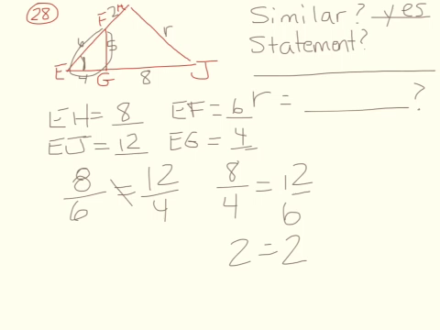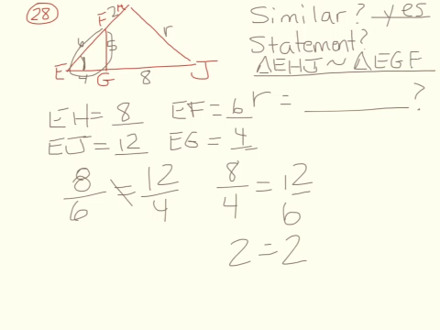Now we're just going to have to get our similarity statement lined up. So I know that EH needs to go with EG. So triangle EHJ is similar to, remember EH needs to go with EG, so triangle EGF.